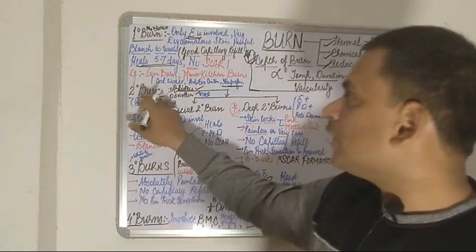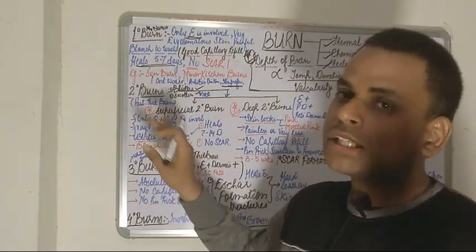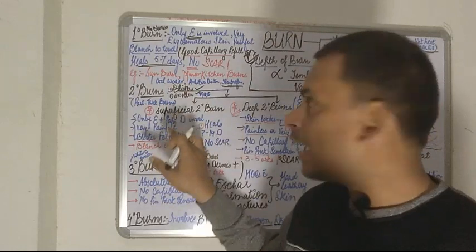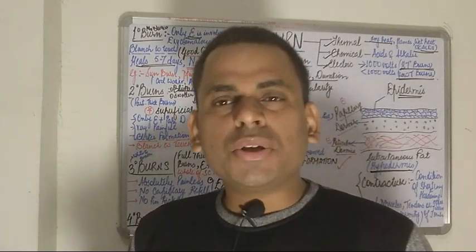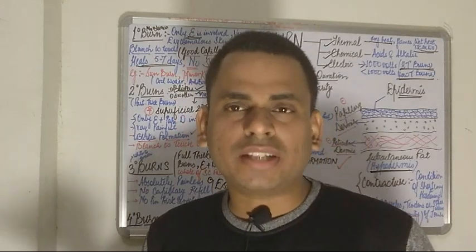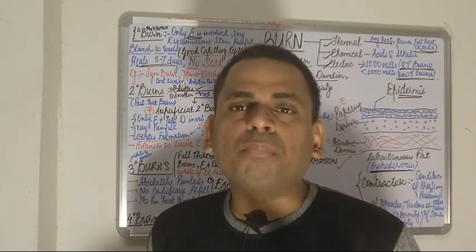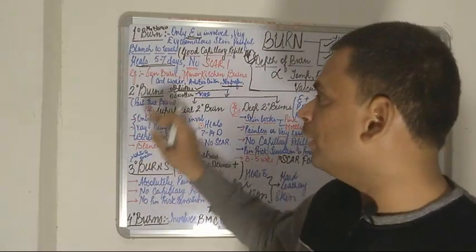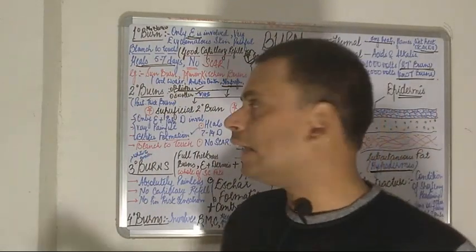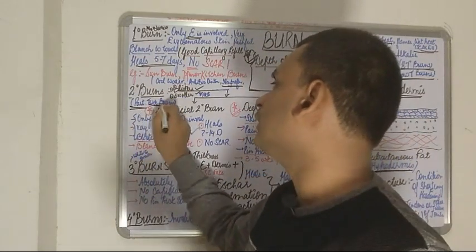So in 2 degree burns, the most distinguishing features are the blisters and swelling, and such burns are mostly moist. That is, the surface of the burnt area will have a somewhat moist structure. So this 2 degree or superficial 2nd degree burn is also called a partial thickness burn.